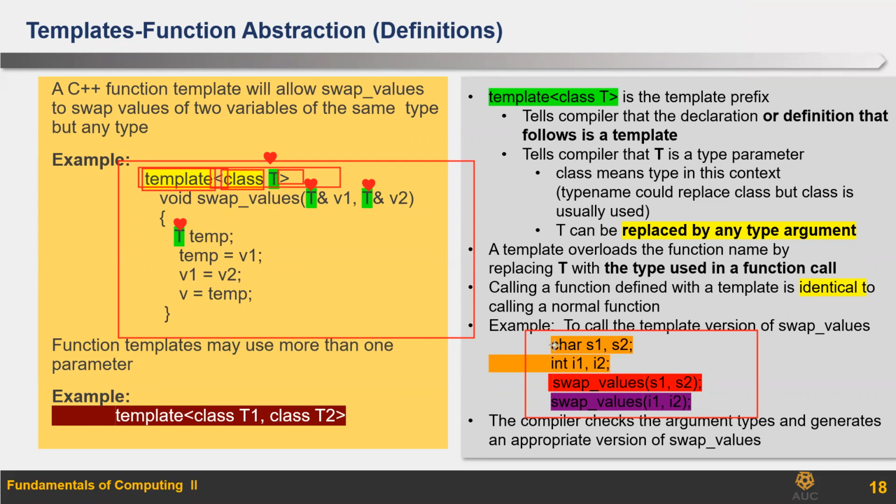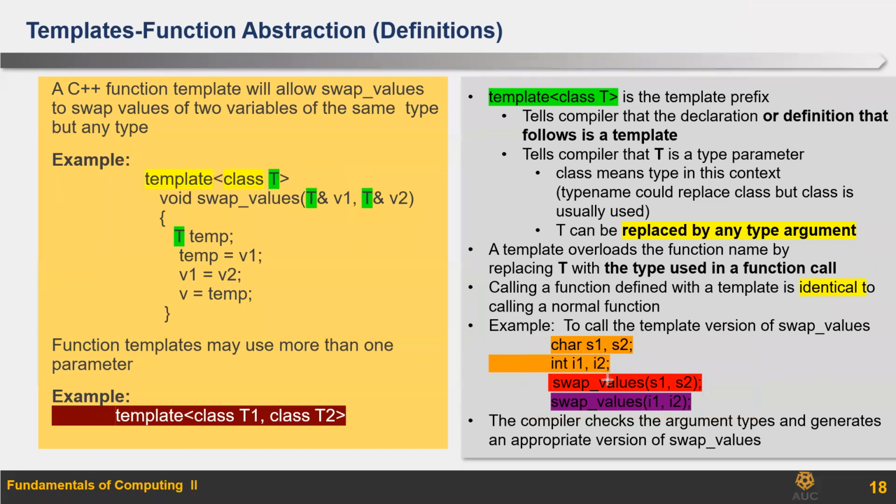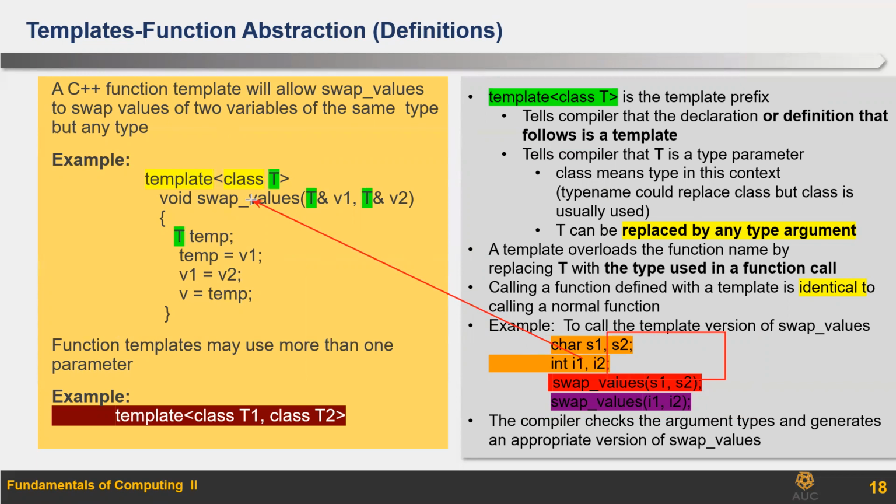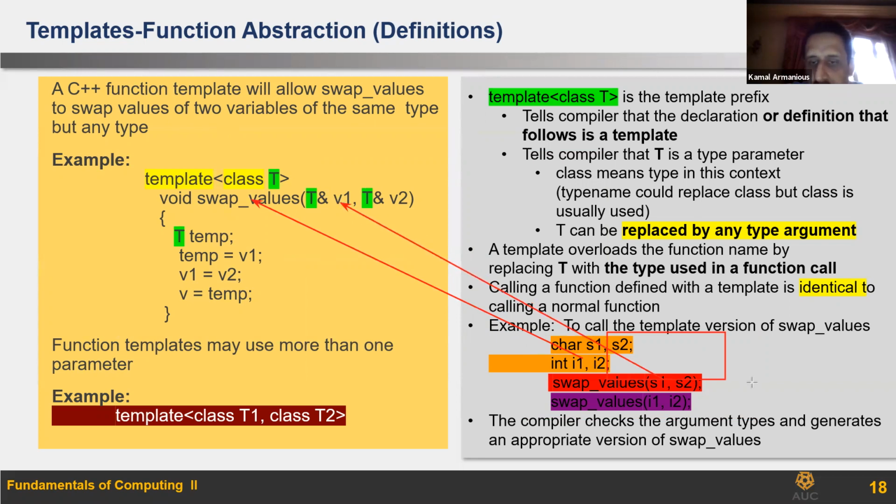Okay, so this is character S1 and S2 and int I1 and I2. And then we're calling the function. What is the name of the function, Abdullah? Swap values. Yes, this is the name of the function. And what is the data type of S1 and S2? They're characters. So S1 is the same as V1 and S2 is the same as V2.